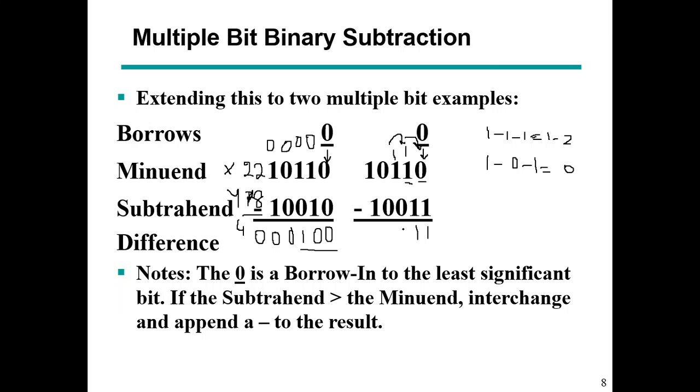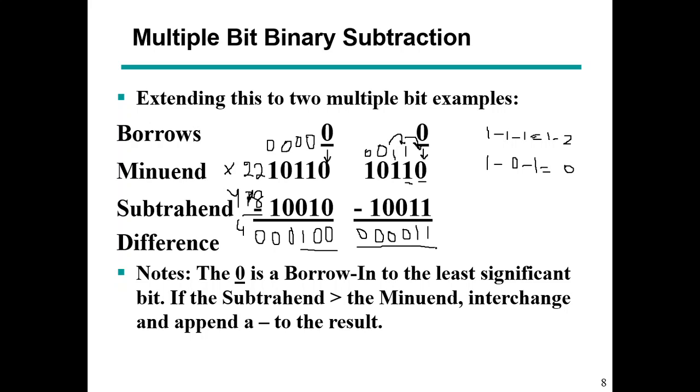And in order to find this difference, we did not need any borrow. Similarly, this is also easy, 0 minus 0 minus 0, and we did not need any borrow. And similarly, 1 minus 1 minus 0. So it is 0, and we did not need any borrow.